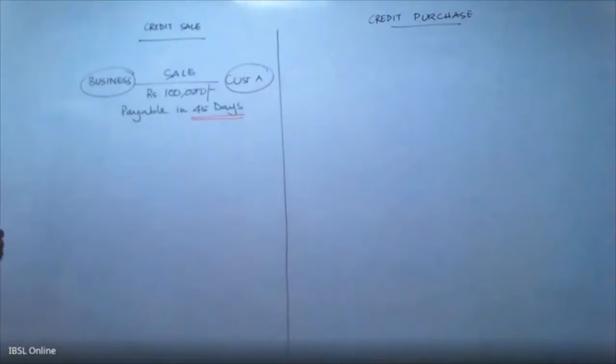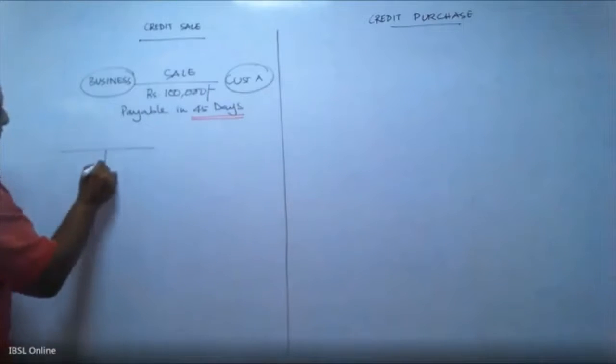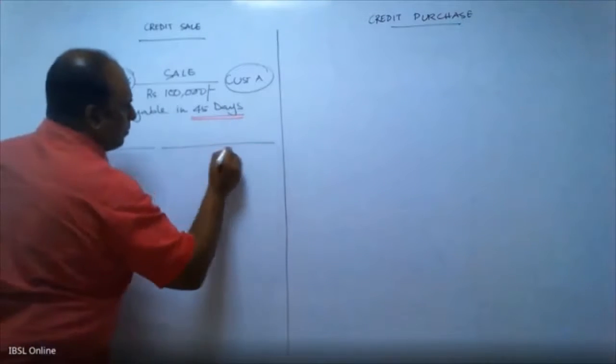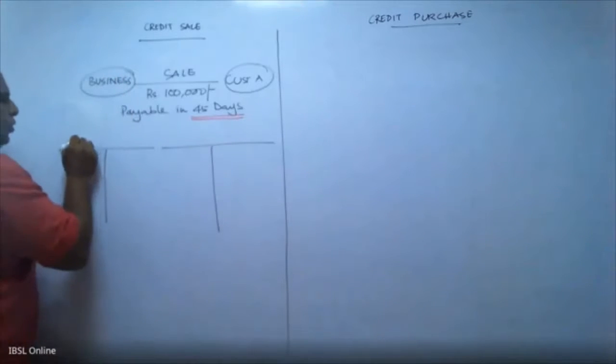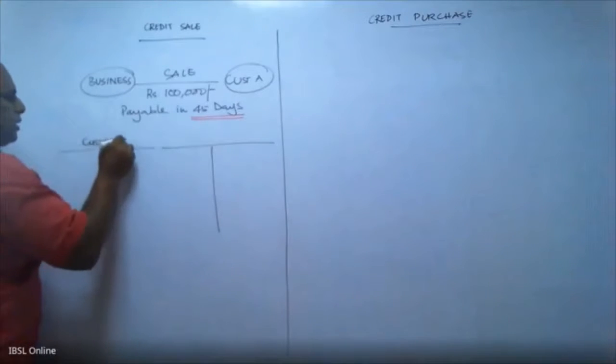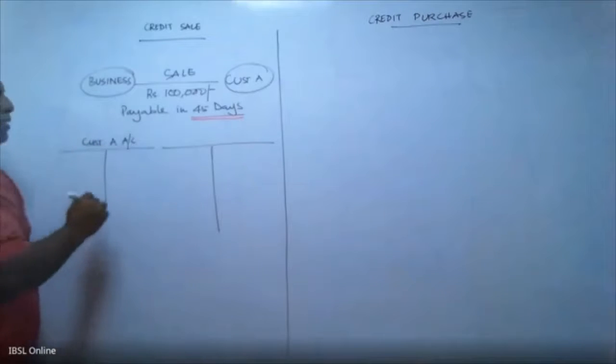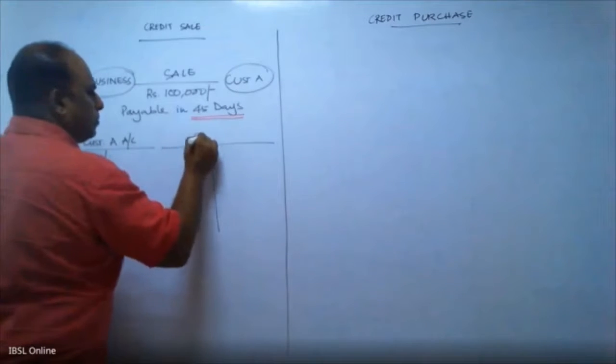Right? So when you do the credit sale, what happens? I'm just drawing small T accounts. So you have a debtor. Let's say I'm going directly into the customer's account, and you have sales.